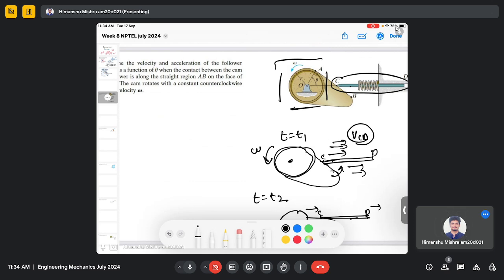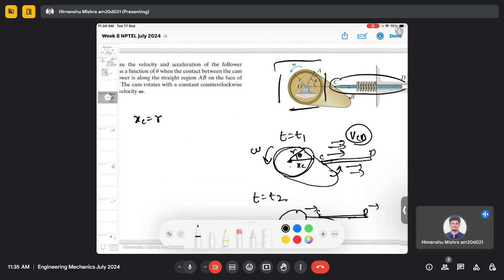So if this is my origin, this is my radius r, this is my xc, and this is theta, then I can write xc as r divided by cos theta, right? Because r is x cos theta, so x will be r divided by cos theta.